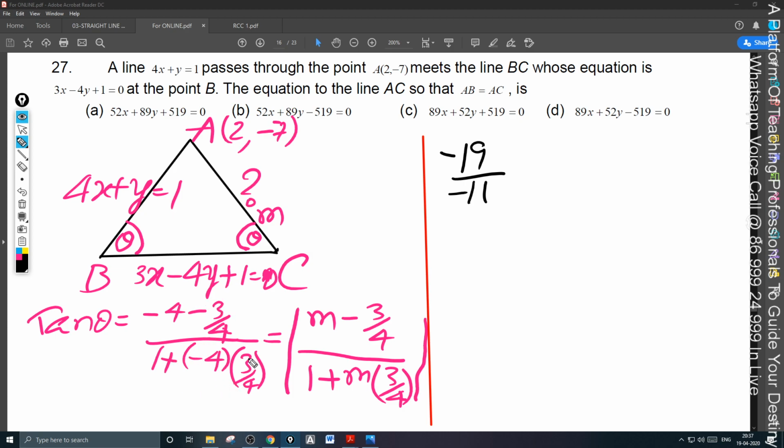Minus 19 by minus 11 is equal to modulus of 4m minus 3 divided by 4 plus 3m.